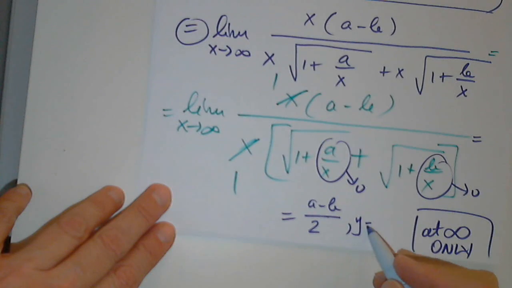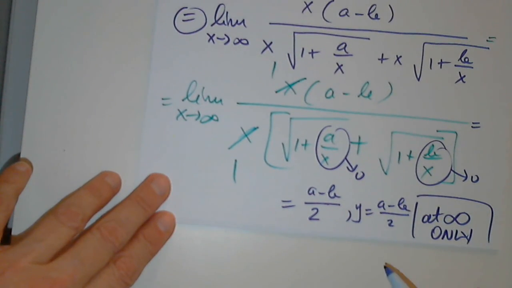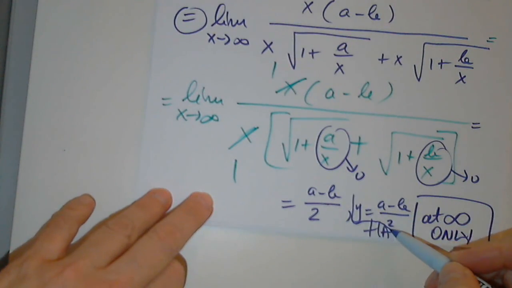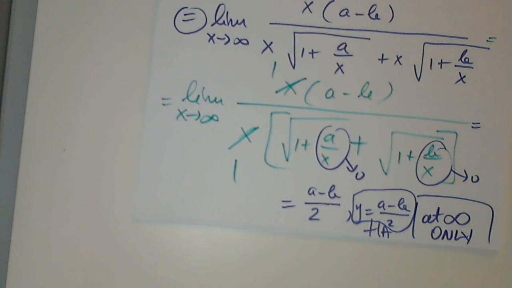So therefore, y equals a minus b over 2 is what? Very good. Only at infinity. So it's not a horizontal asymptote, you know what I mean? I didn't have room. Okay?